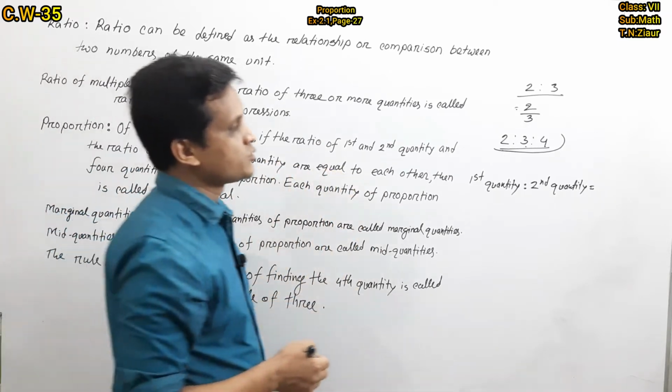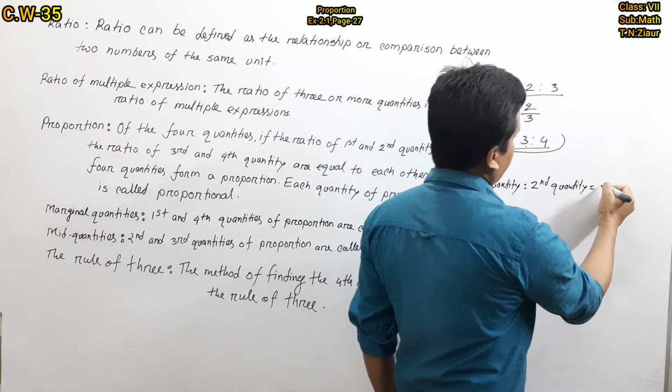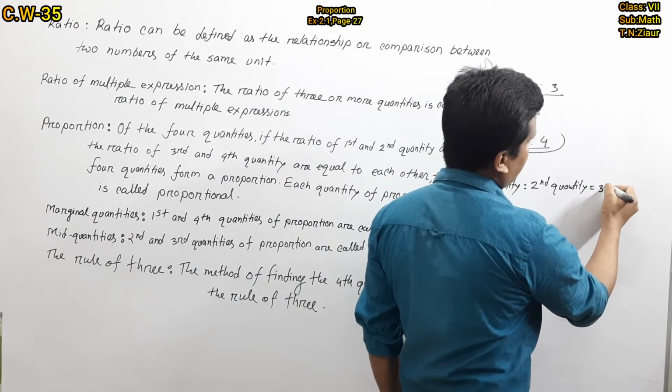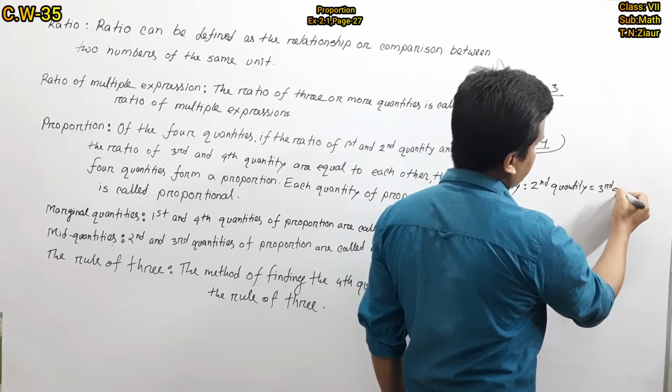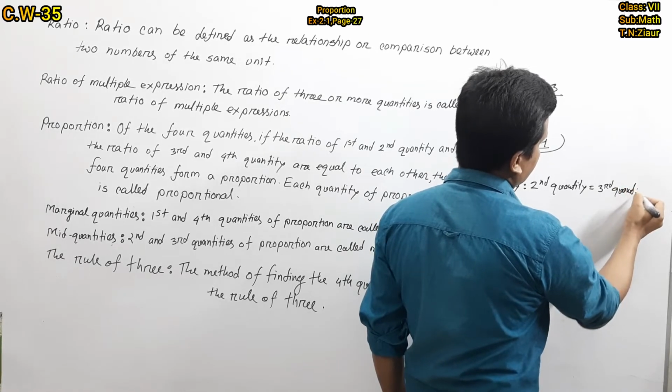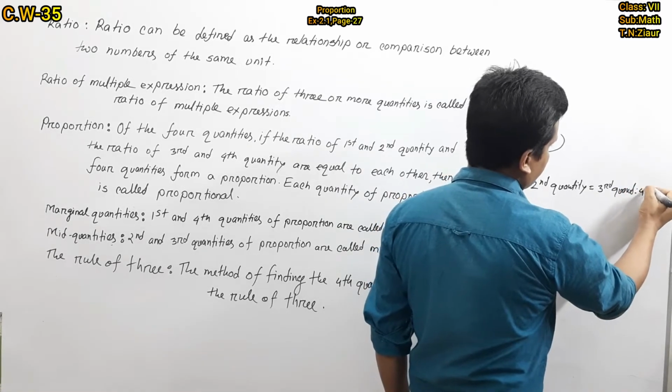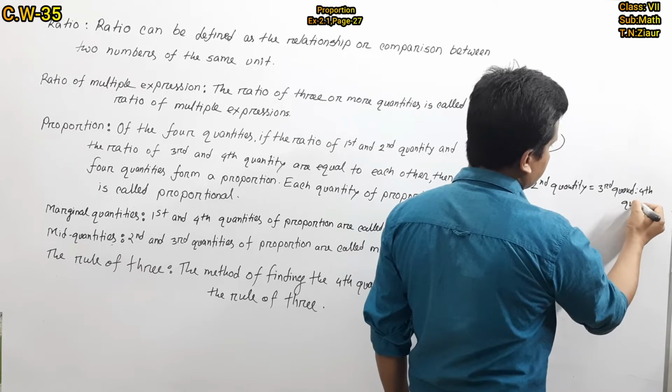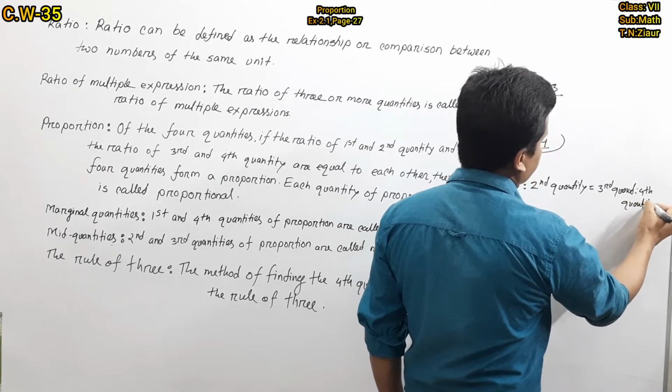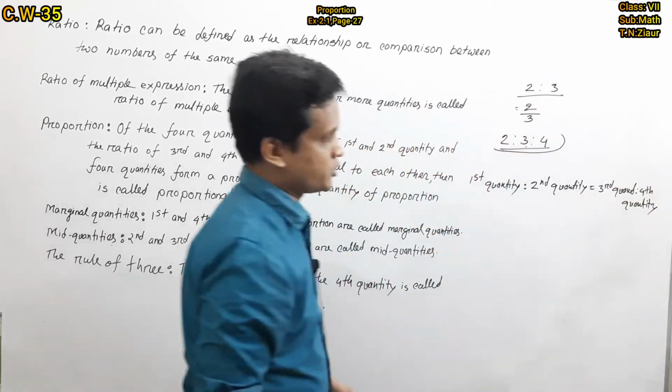So we write equal, and then third quantity is to fourth quantity. That is called proportion.